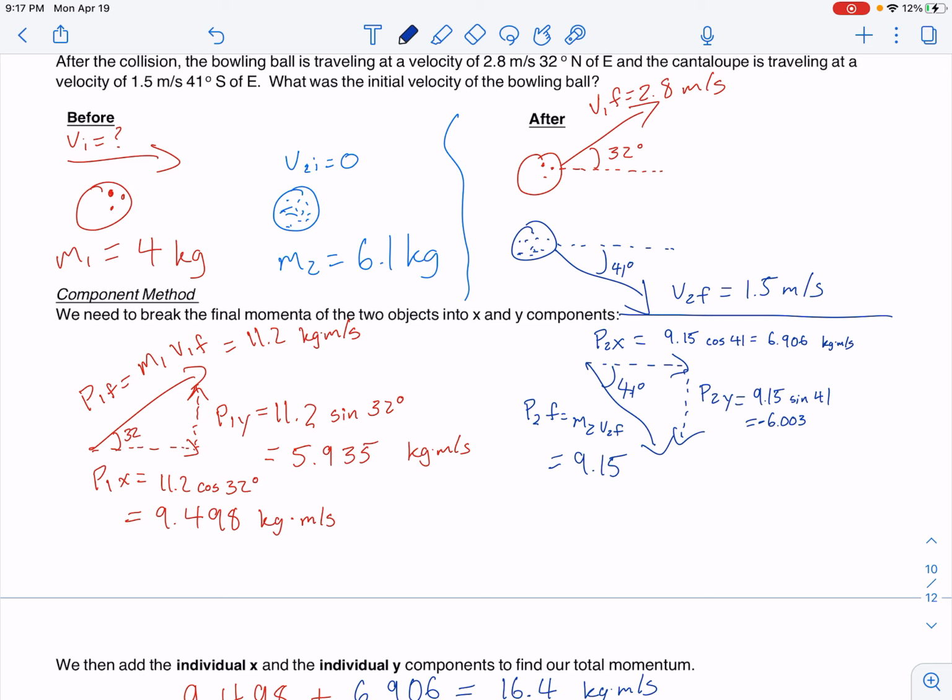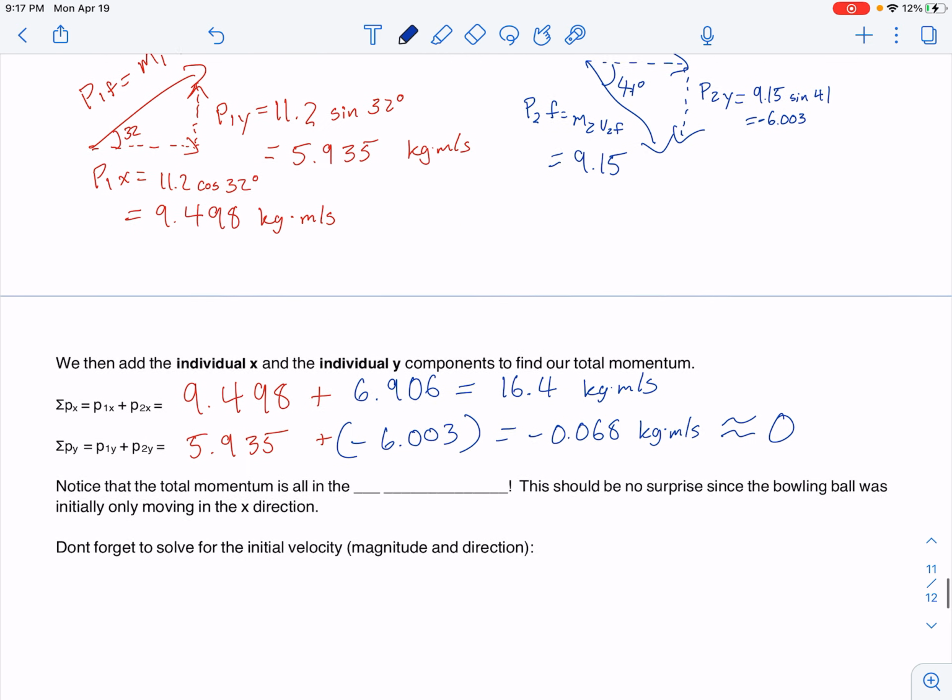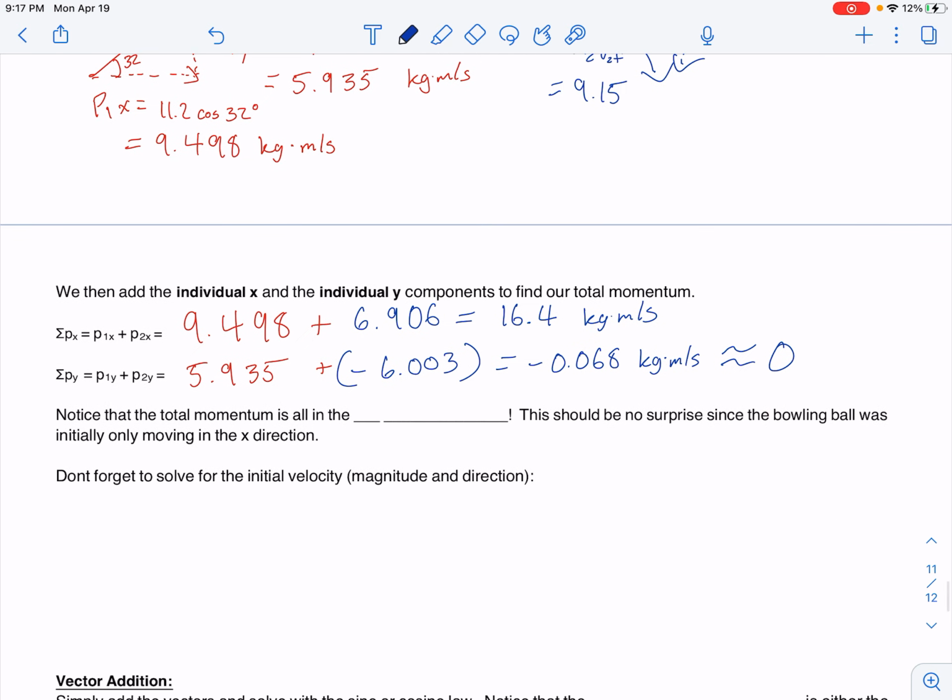While we do have a y momentum after the collision, the y momentum of the bowling ball should be canceled out by the cantaloupe. So all our total momentum is in the x direction. The only reason we didn't get 0 is rounding errors and sig figs.